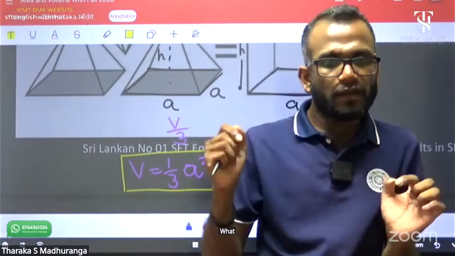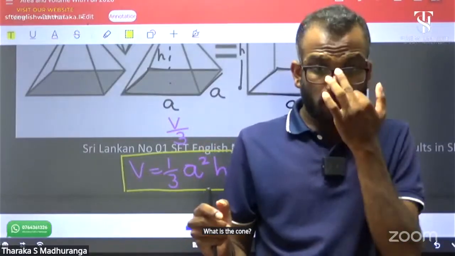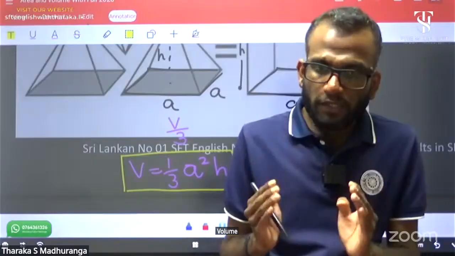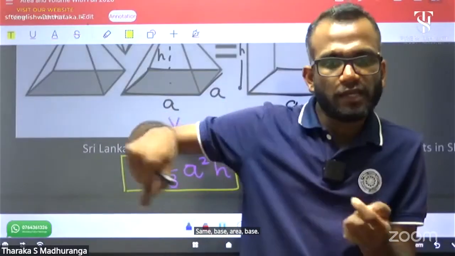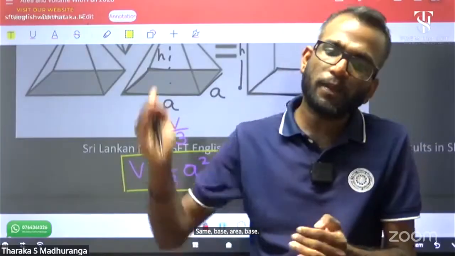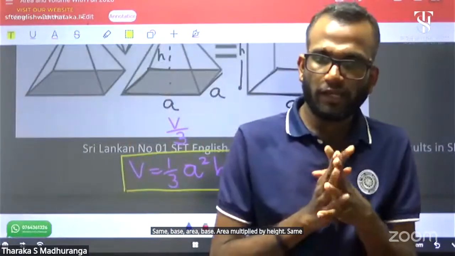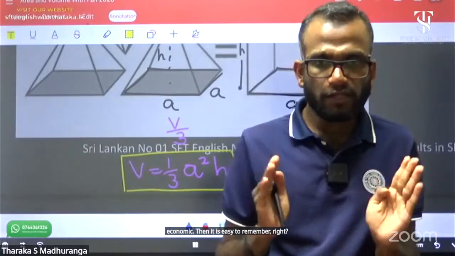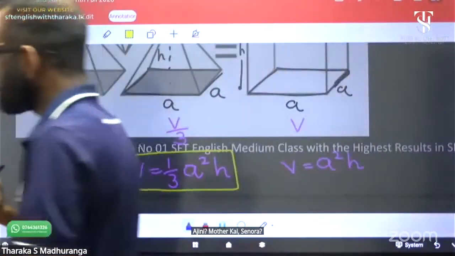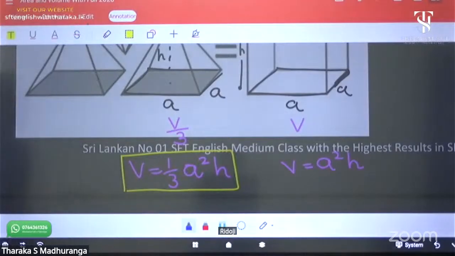What is the cone volume? 1 over 3 same base area multiplied by height. Same equation, right? Then it is easy to remember. Hashini, Matakai, Senura, Vinuji, clear?